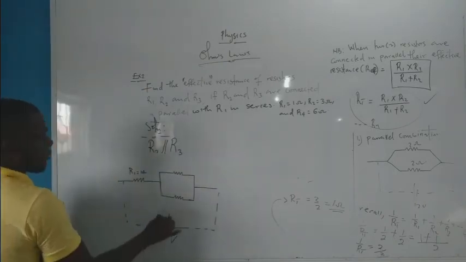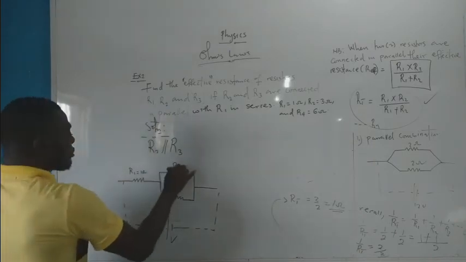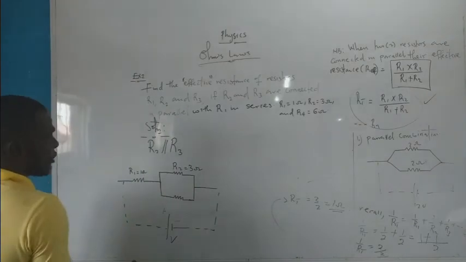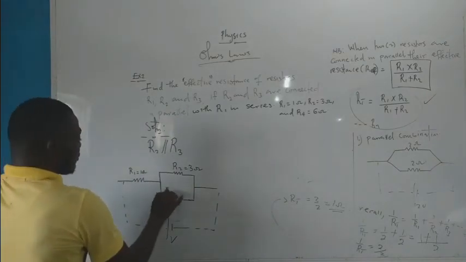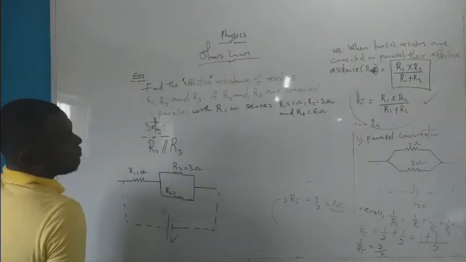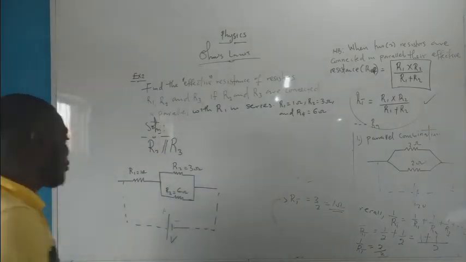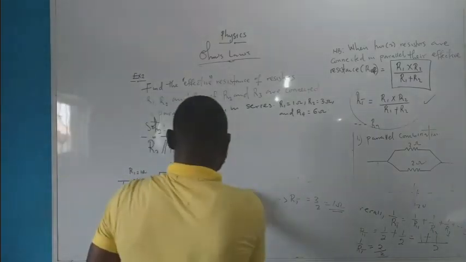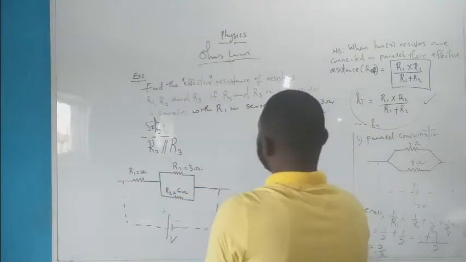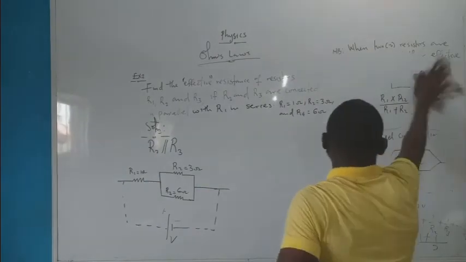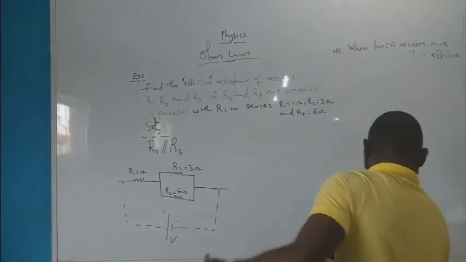This is R2. R2 is 3 ohms. And this is R3. R3 is 6 ohms. Okay? We have to find the effective resistance, that's the total resistance.